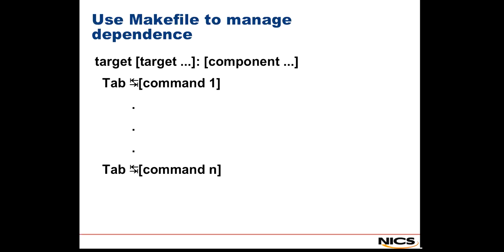And if all the components are ready for making the target, then the makefile will execute the third part, which is the command below the first line. And we need to especially pay attention that for this part, each line starts with a tab.